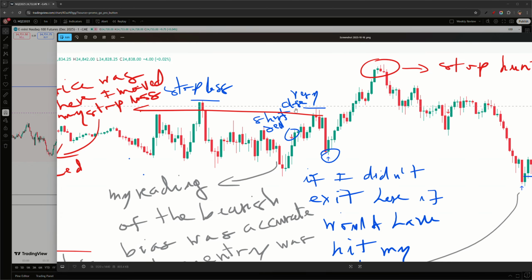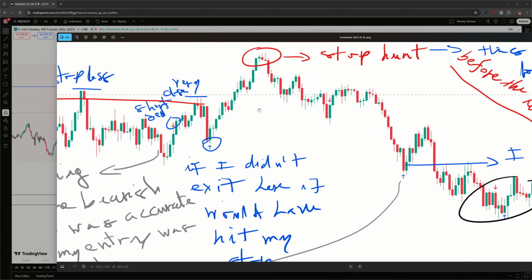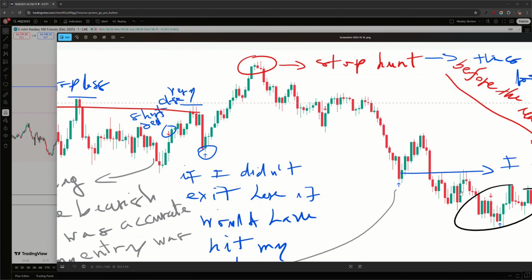It didn't take it here, but I got out when price gave me the chance to get out with a loss, because I was sure that we were manipulating here and tagging into those stop losses, and I was one of the people putting their stop losses here. So I'm sure that there are many people doing the same. The market tapped into those shorts, slaughtered them basically, and resumed going.